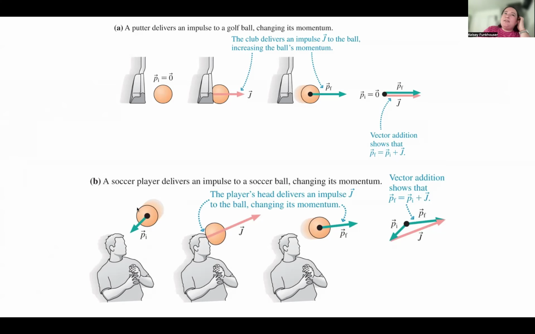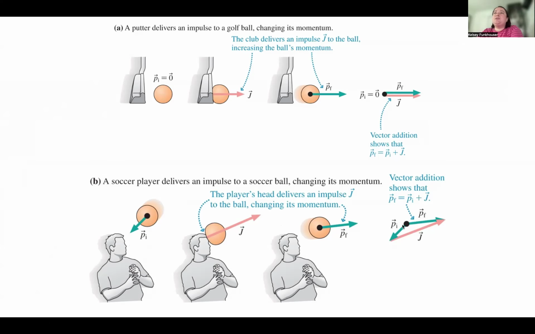But let's say in this other example, we have a soccer player. And this soccer ball initially had a momentum. It had velocity toward the player's head. And then their head delivers an impulse to the ball, which changes the momentum. So this one is not as simple a situation.